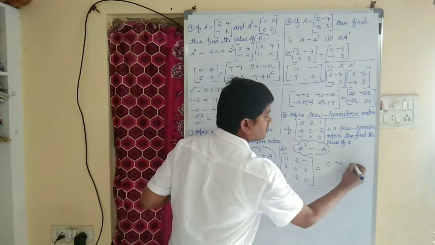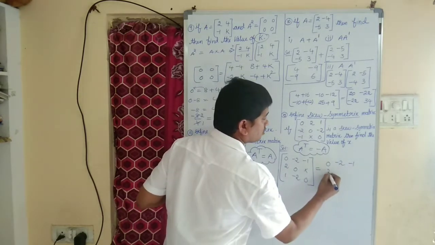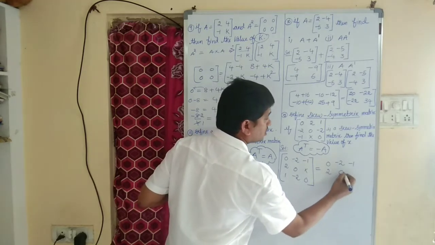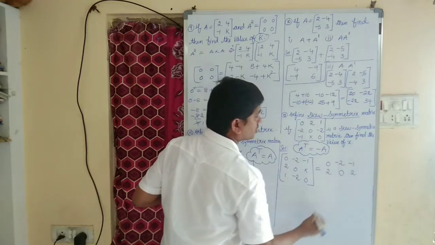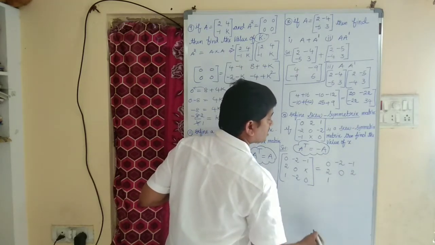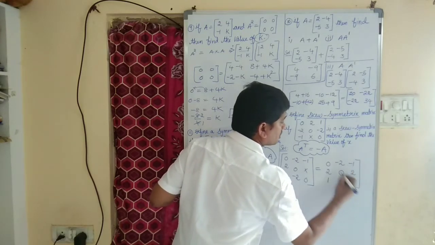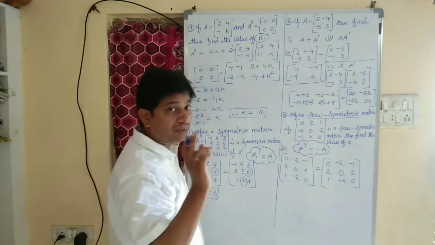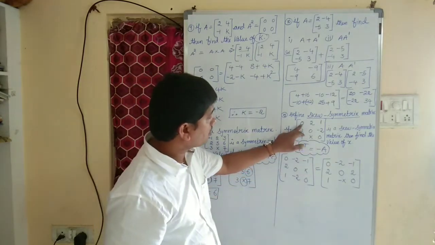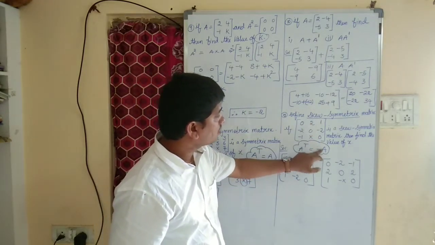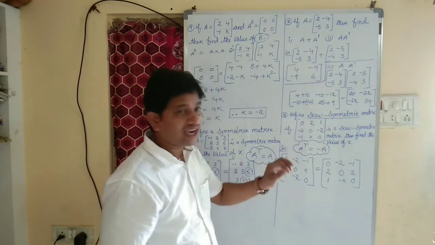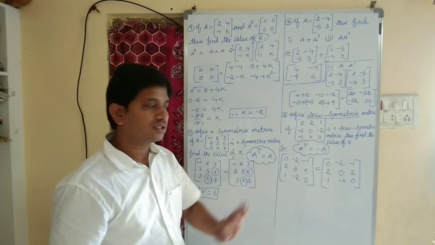This will become minus 1. Minus 2 will become plus 2. 0. Minus 2 will become plus 2. Minus 1 will become plus 1. Plus x will become minus x, and 0. Children, are you understanding? Minus A, we should multiply by minus. Minus 2, minus 1. Minus will become plus, plus will become minus. That's all.